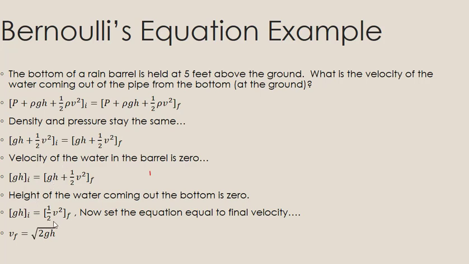So this turns into 0, so it is no longer here. Now set the equation equal to final velocity. So we had a 1/2 here. We multiplied 2 to both sides. When we multiplied 2 over here, we got 2GH. And this was squared. What is the opposite of squaring? Taking the square root. Great. And that's the way it works.